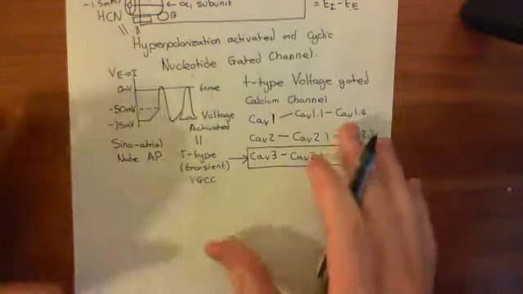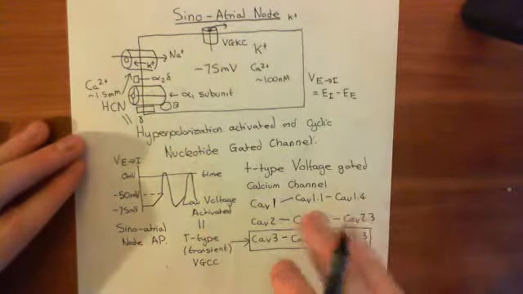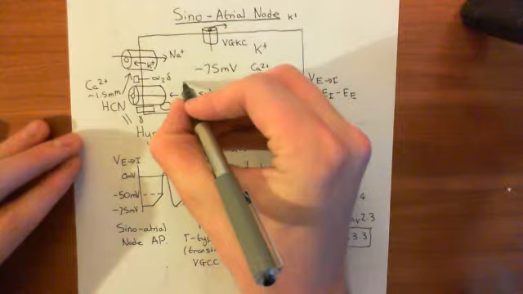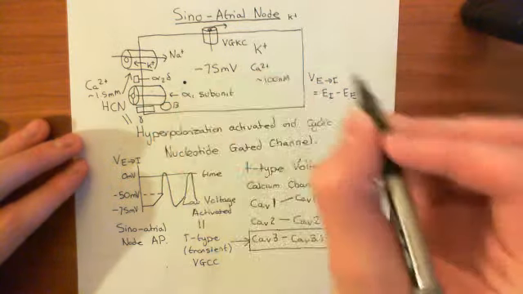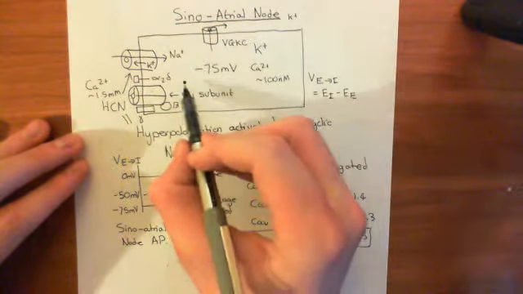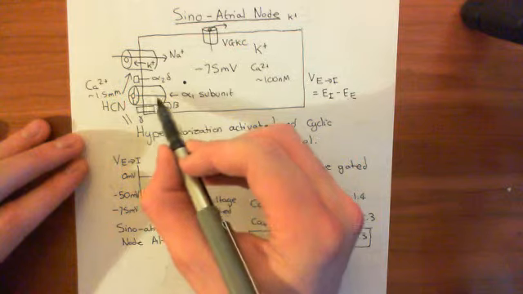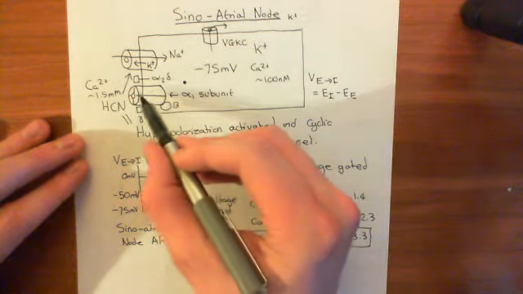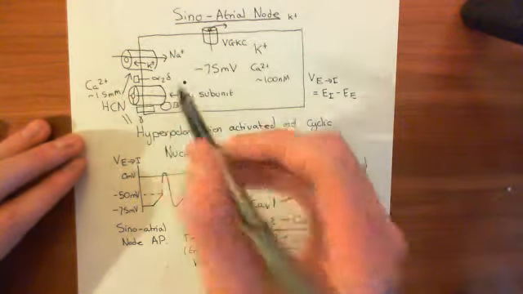Okay, so now, if we were to measure calcium concentration, that's one of these points. So let's say we're going to measure calcium at that point. Well, every time an action potential happens, the T-type calcium channels open, and they're letting calcium in.